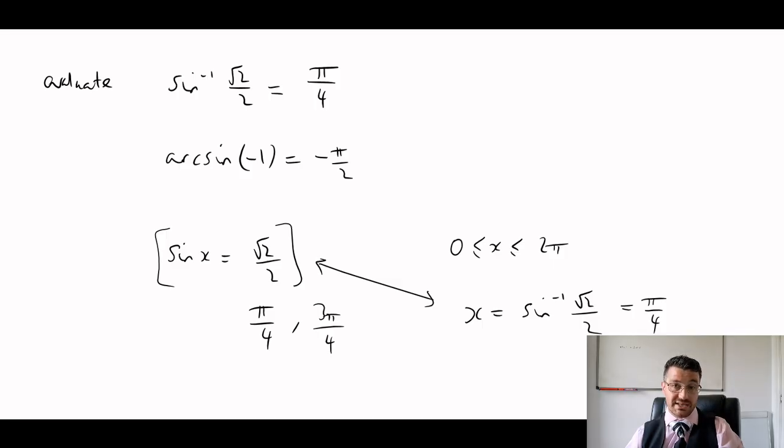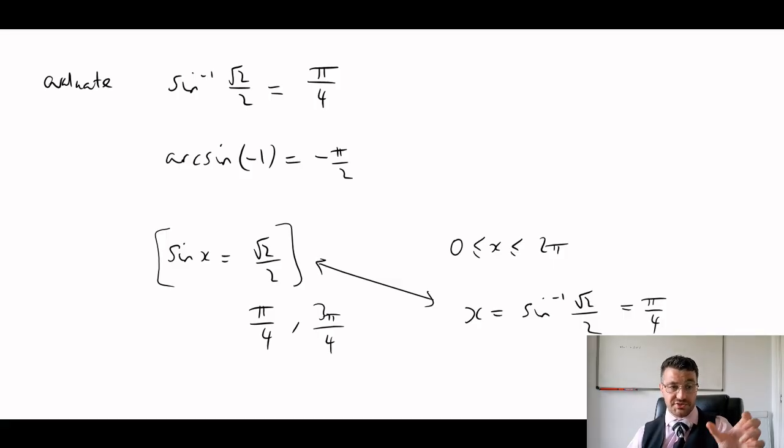Well, that is unless I decide to go to a different inverse. Your calculator, remember, is typically programmed with that principal inverse from minus pi by 2 to pi by 2. But you can think about it in different ways. One way is to change to a different inverse.